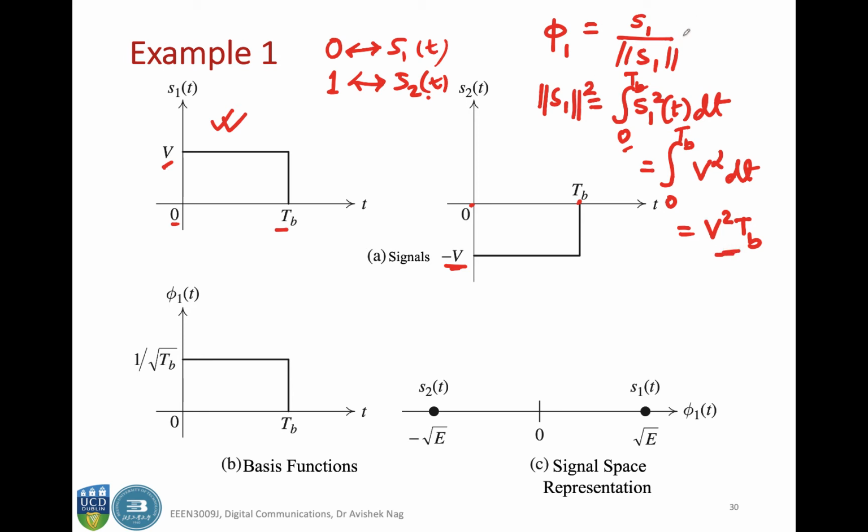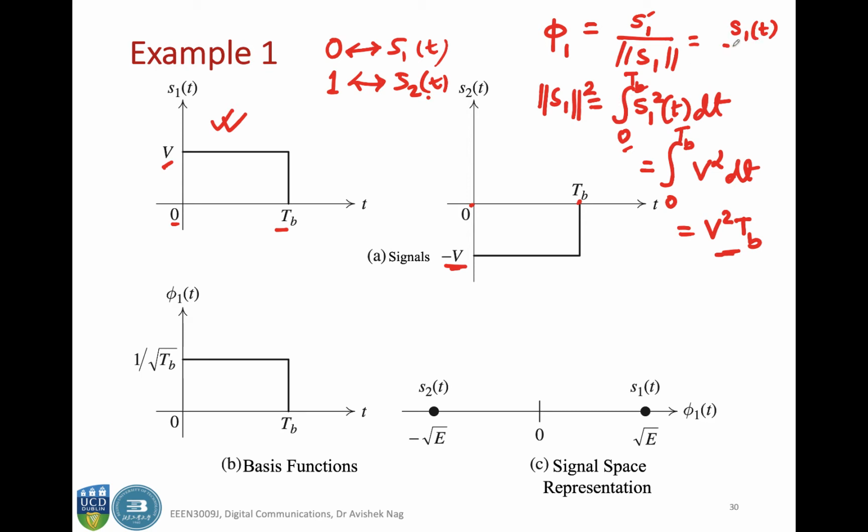So here your phi 1 is S1. If I don't write the t in parentheses, it is implied that this is a function of t, and we are visualizing it as a vector.